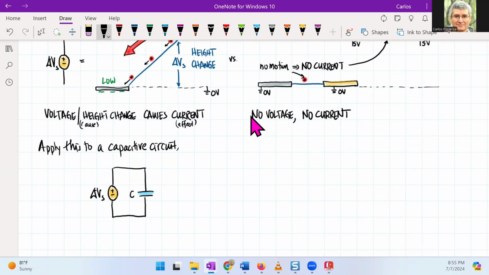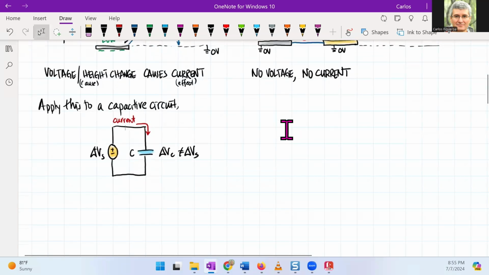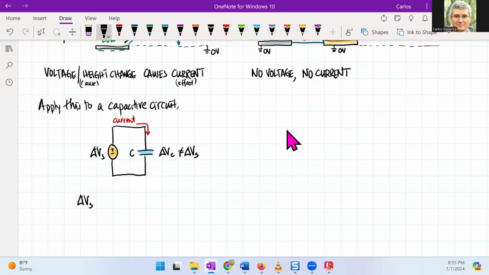So current will only flow if the voltage of the capacitor is not the same as the voltage of the battery. In other words, in this situation, I will have current that moves. So what I'm saying is that if the voltage between the battery and the capacitor is not the same, that means that we have a potential height change.